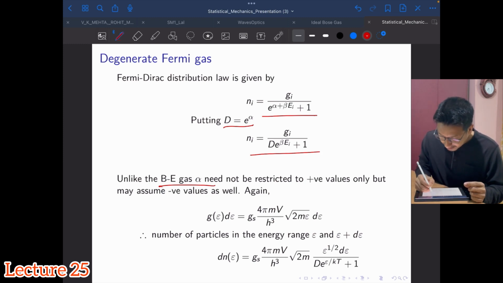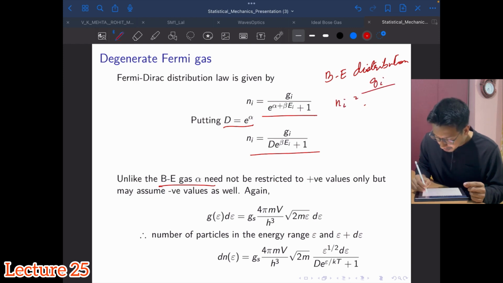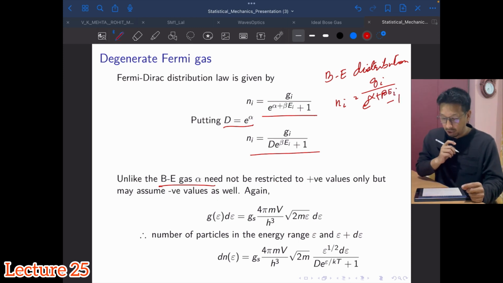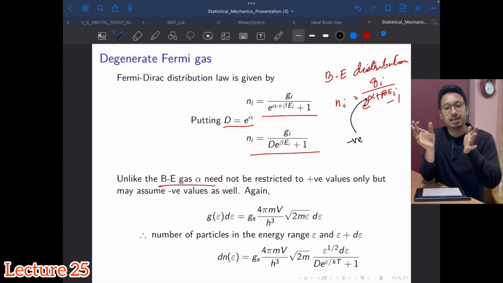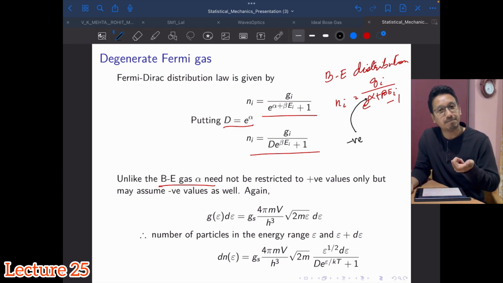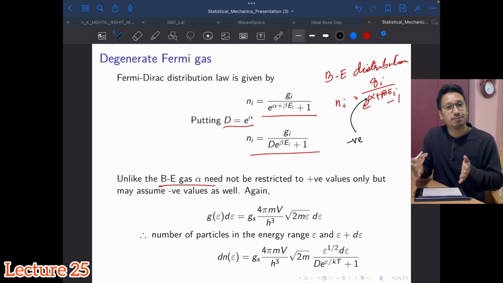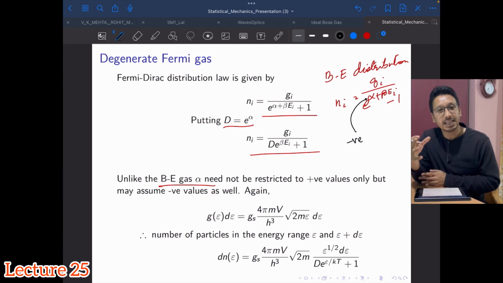In Bose-Einstein statistics, the distribution law is Ni equal to Gi by e to the power alpha plus beta Ei, minus 1. The point here is, let's say alpha becomes sufficiently negative, what will happen? The entire exponent, alpha plus beta Ei, can become negative.